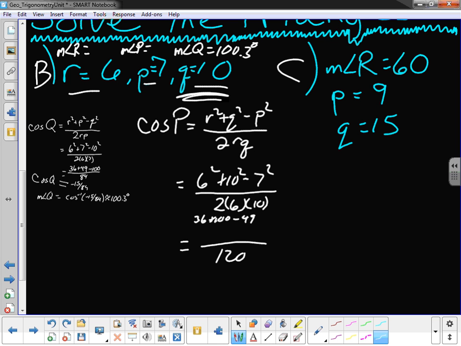So 51 and 36 is 87. Sound right? Yep, 87. So the cosine of angle P is 87 over 120. So that means the measure of angle P is the inverse cosine of 87 over 120. So the inverse cosine of 87 divided by 120 is 43.53.